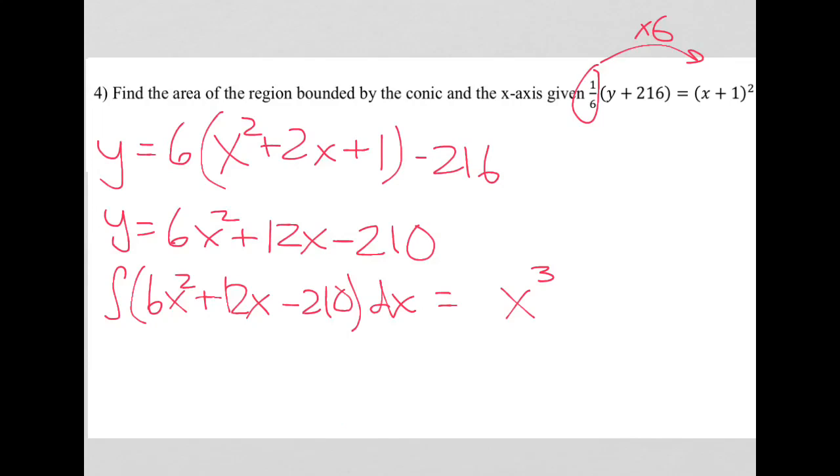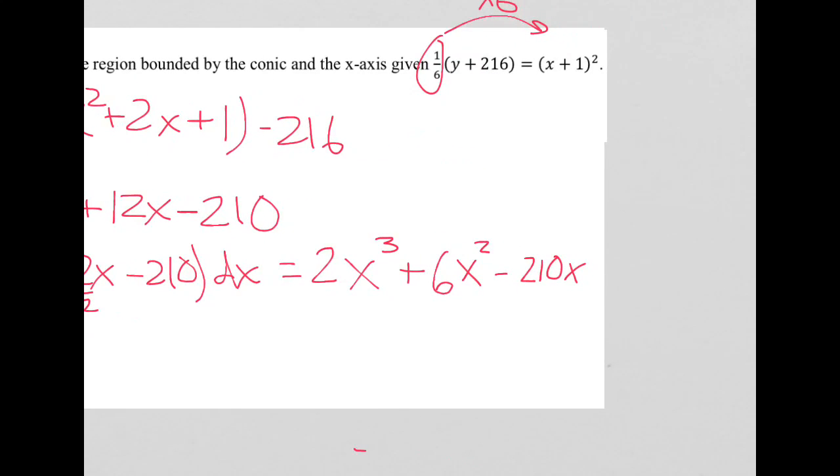So 6 divided by 3 gives us 2x cubed. Plus our 12x will become x squared, add 1 to the power, then divide by that new power. So 12 divided by 2 gives us 6x squared, minus 210 gets an x. And this would be our antiderivative right there.